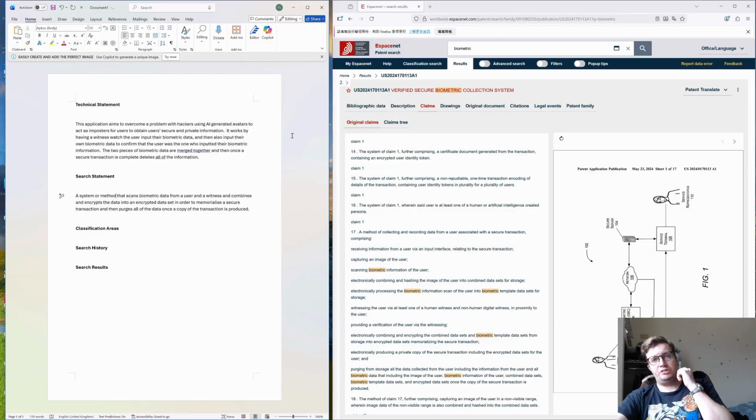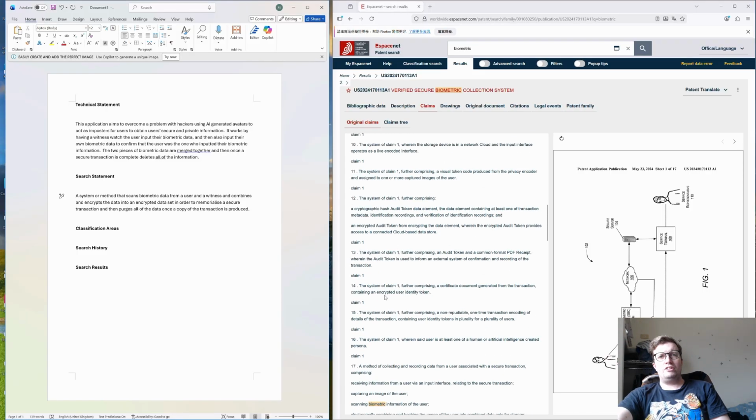But I'm looking for narrower features in these claims that I can search for and pinpoint. Let's say I find claim 14, right? It says system of claim one plus this: certificate document generated from the transaction containing an encrypted user identity token. If I find that, then I find claim one, basically, right?